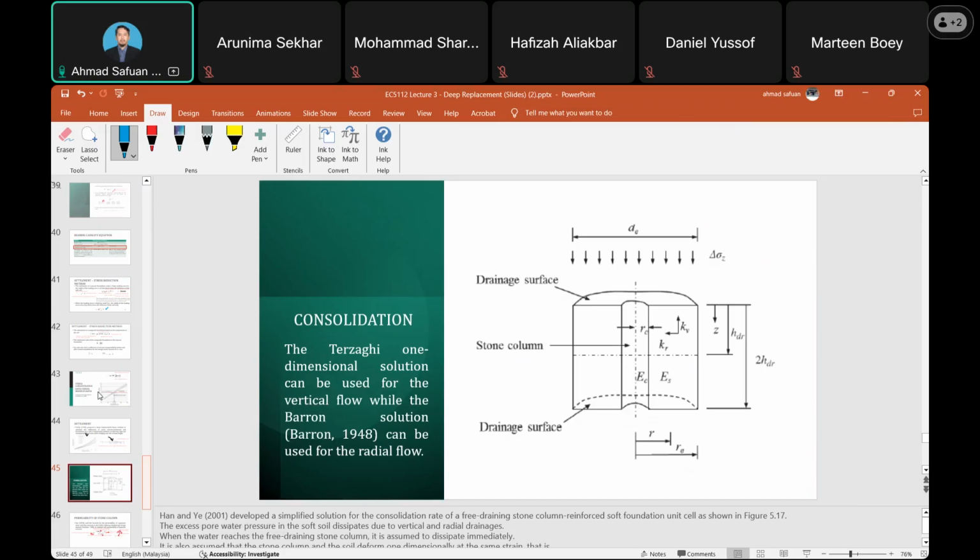Han developed a solution for consolidation rate of a free draining stone column reinforced soft foundation. The excess pore water pressure in the soft soil dissipates due to vertical and radial drainage. When the water reaches the free draining stone column, it is assumed to dissipate immediately.